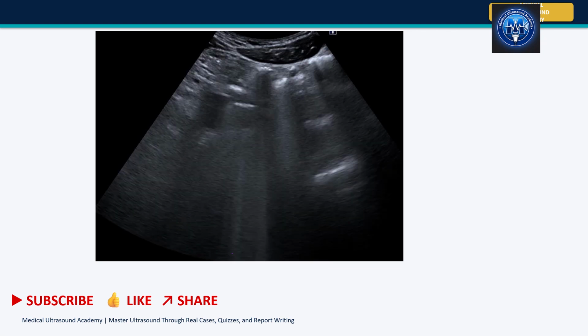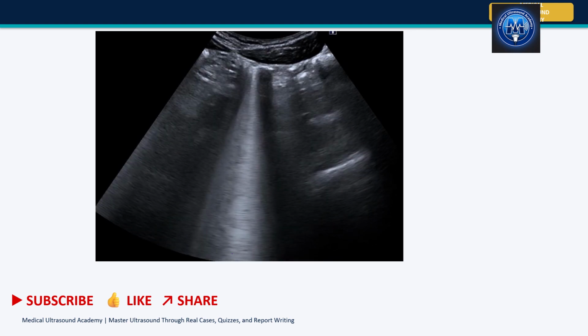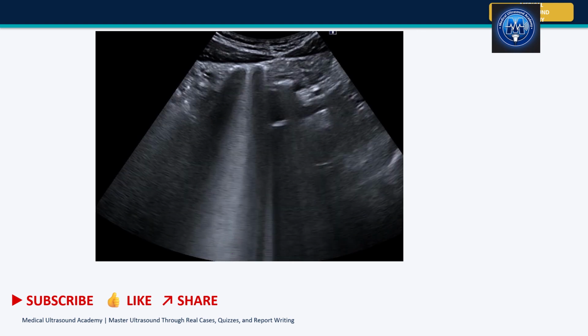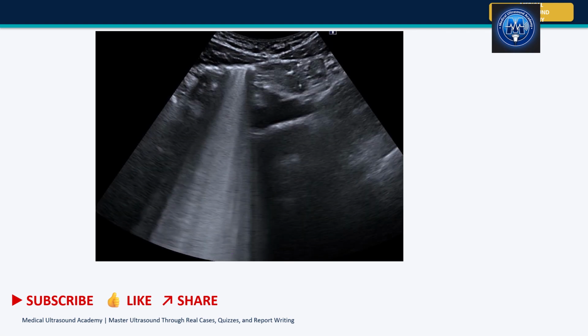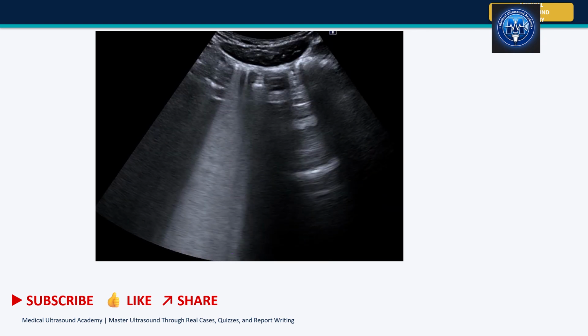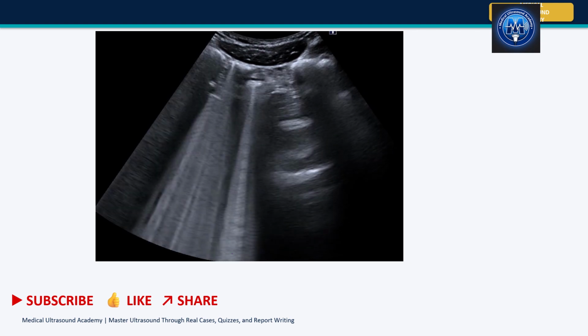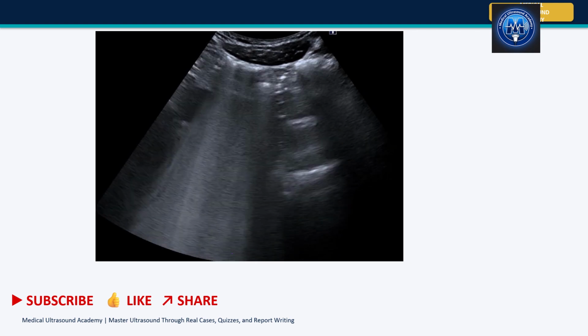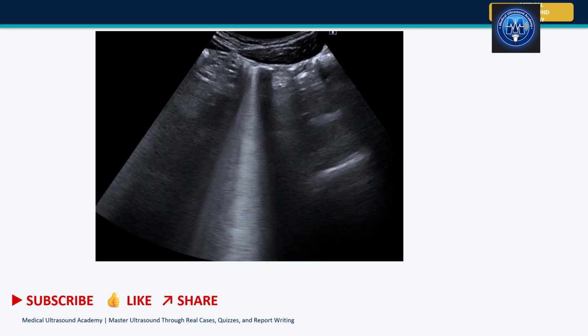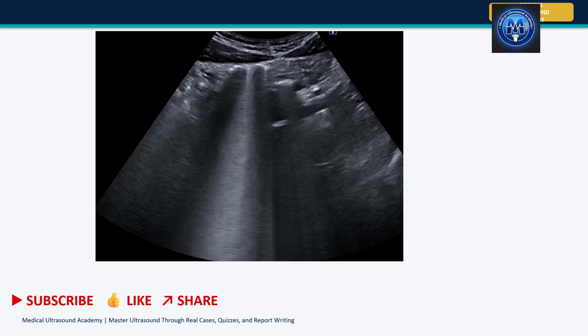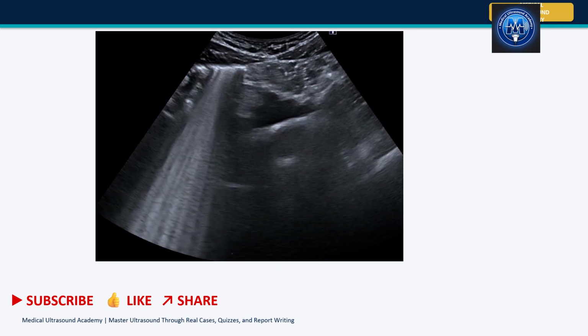So you must always appreciate and understand your limitations when you're doing an ultrasound scan. It is not always rosy. It is not always definite and straightforward. These are some of the challenges that you can face when you are scanning the abdomen.